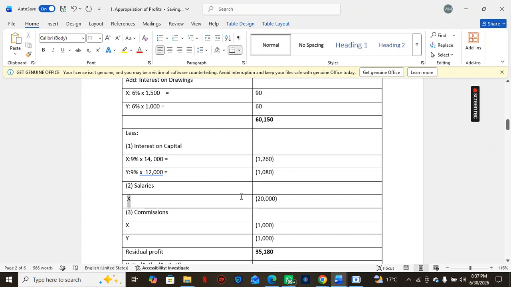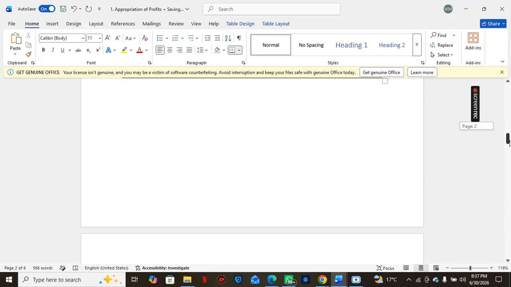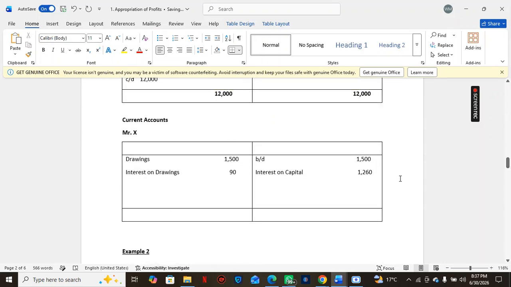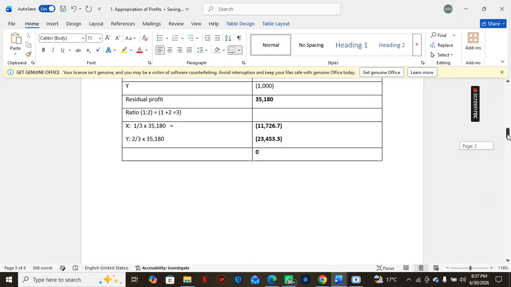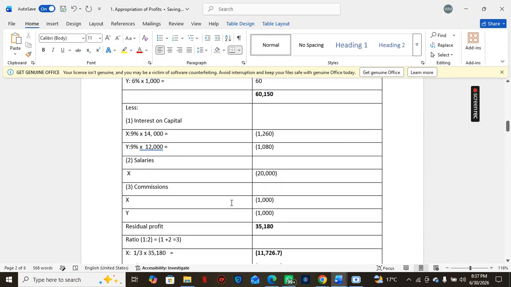Mr. X also has a salary of 20,000. So on the credit side, again, you're going to put salary 20,000. Commission, Mr. X had a commission of 1,000.